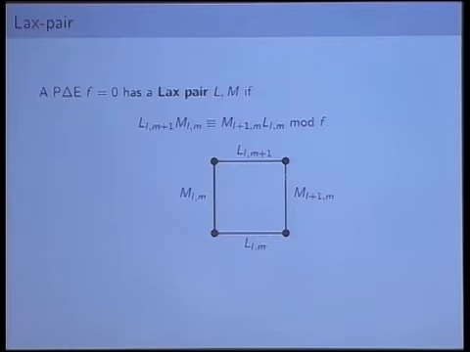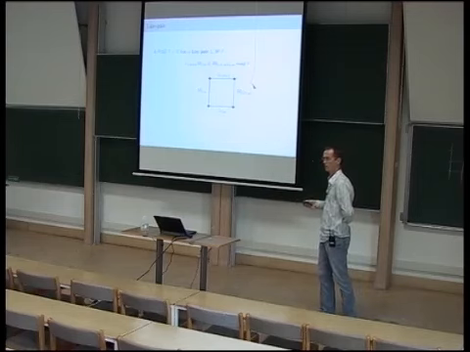One way would be going up first and going to the right, and that's basically this product here. And the other way is first you go from here to there, which is that one, and then you go up, which is that one. So basically it's saying if you use these Lax matrices to go from one point to another point in the lattice, then it doesn't depend on the path that you take.